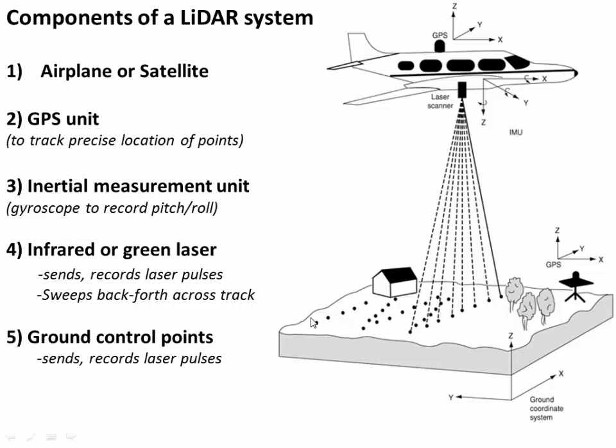So you end up with a pattern of laser shots or of elevations that is not at all grid-like. It's actually very much a zigzag pattern, and we'll talk later about how we turn that into a digital elevation model grid. And then finally we need ground control points. So things like this GPS. We need to know certain locations on the Earth's surface very precisely so that we can then ultimately turn these elevations back into a map.